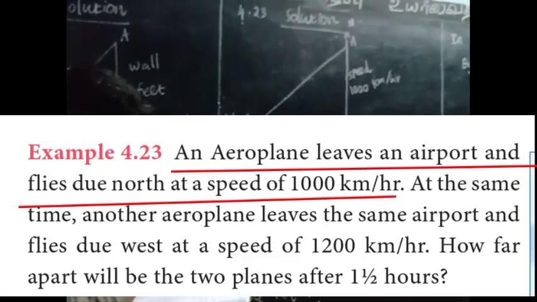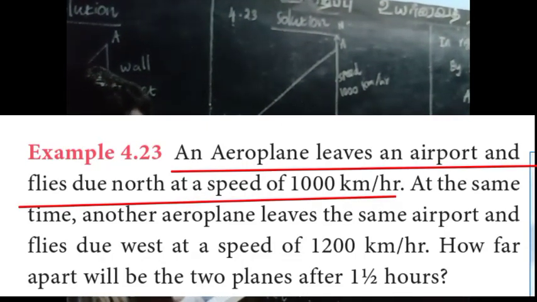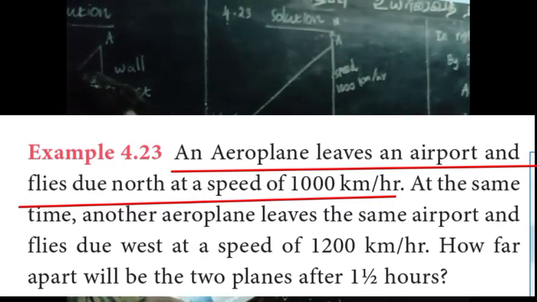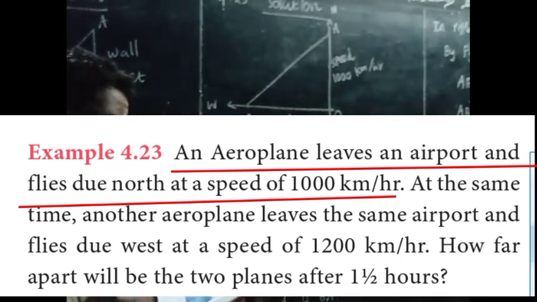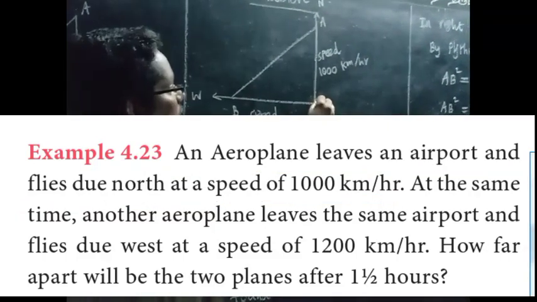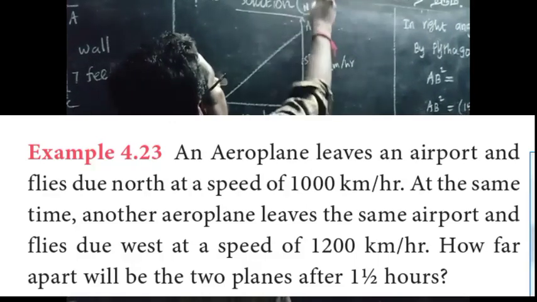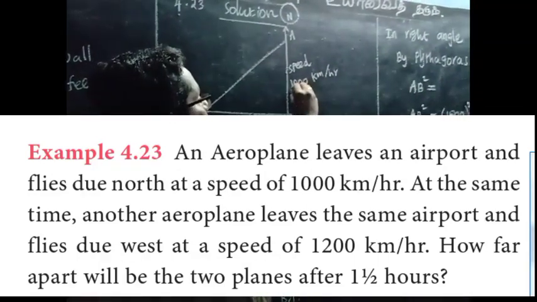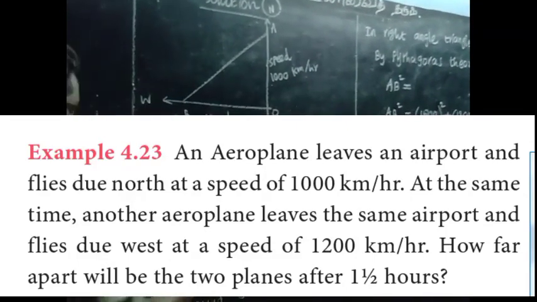An aeroplane leaves an airport and flies due north at a speed of 1000 km per hour. This is the starting point. The first aeroplane goes to the north side at 1000 km per hour.